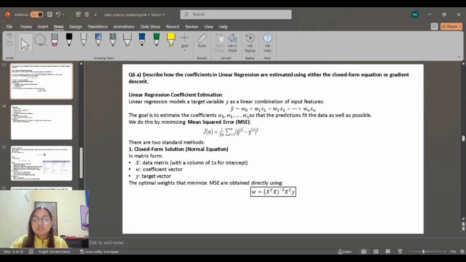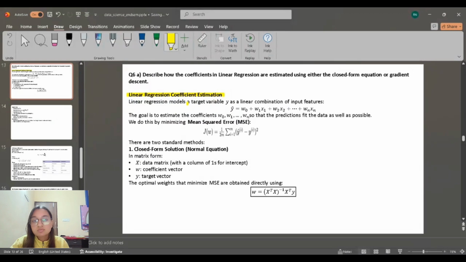Question 6a. Describe how the coefficients in linear regression are estimated using either the closed form equation or gradient descent. Linear regression coefficient estimation.